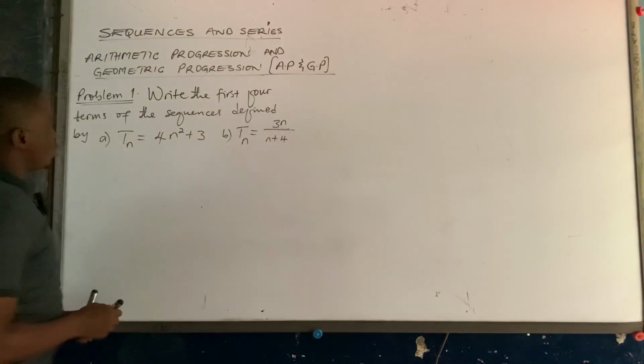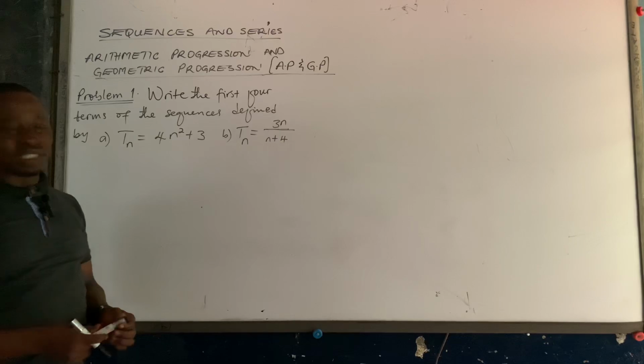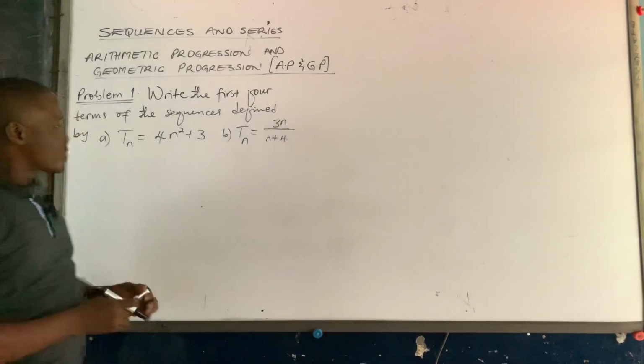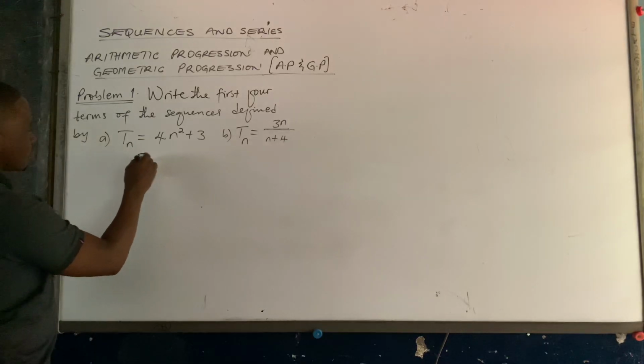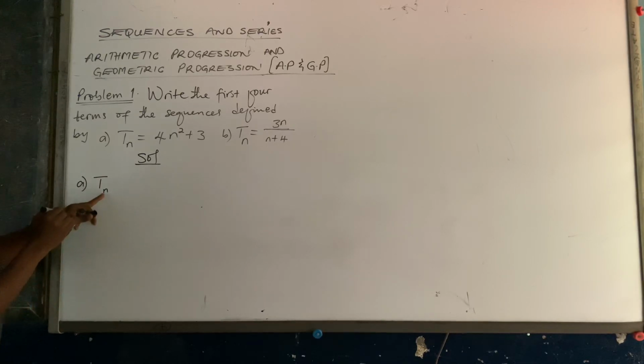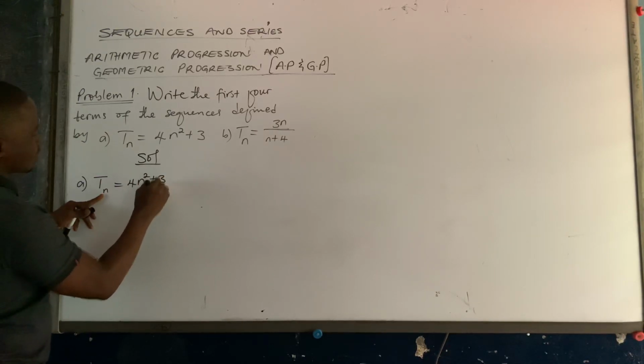Alright, so this question says, write the first four terms of the sequences defined by A, B. So the A part of the question says, T subscript n, that is the nth term, is equal to 4n squared plus 3.